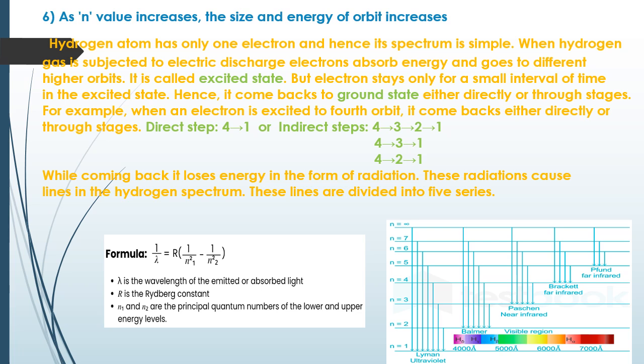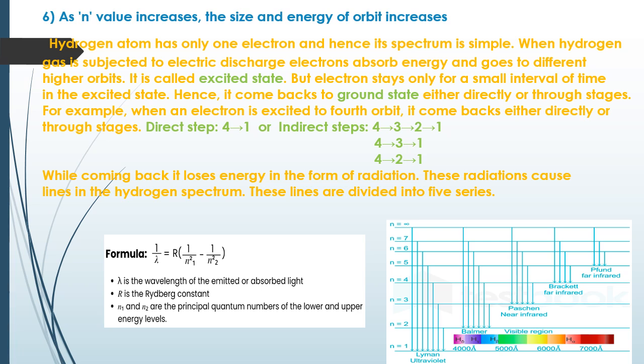He explained the hydrogen atom very successfully. Why? Because it has only one electron. That's the reason he explained it very elaborately. He subjected hydrogen gas to an electric discharge.